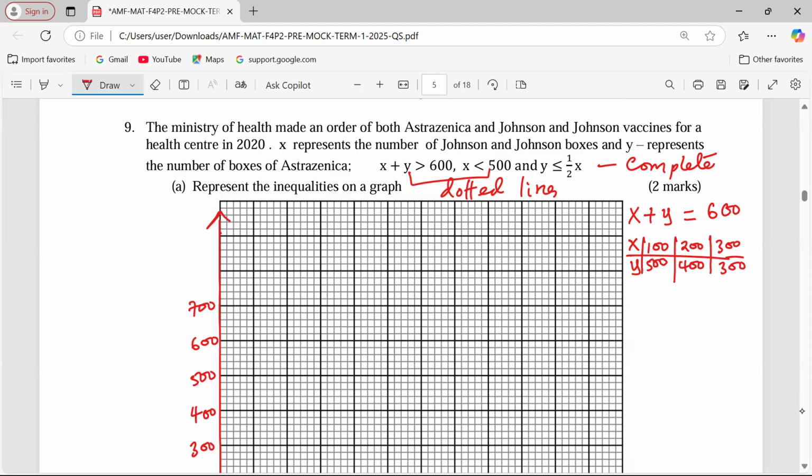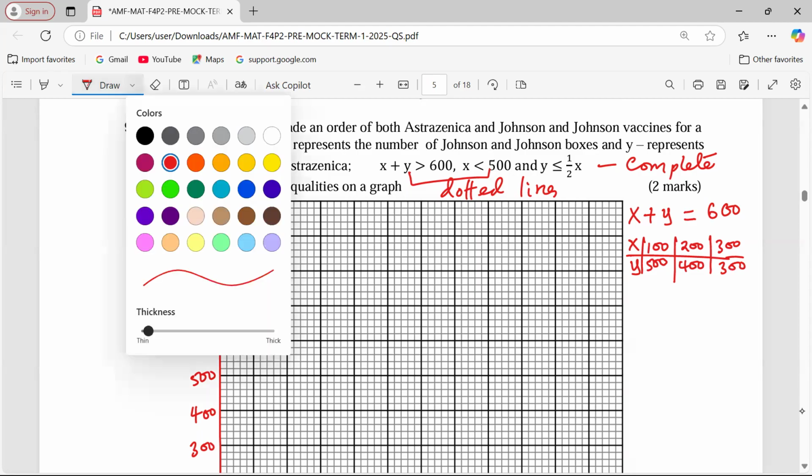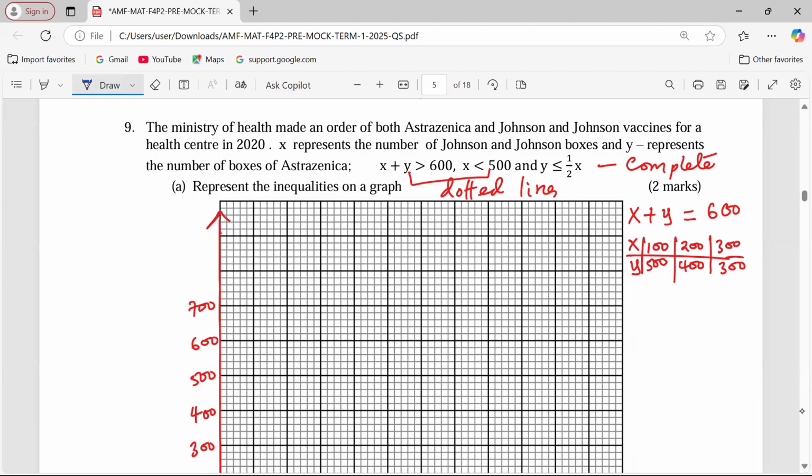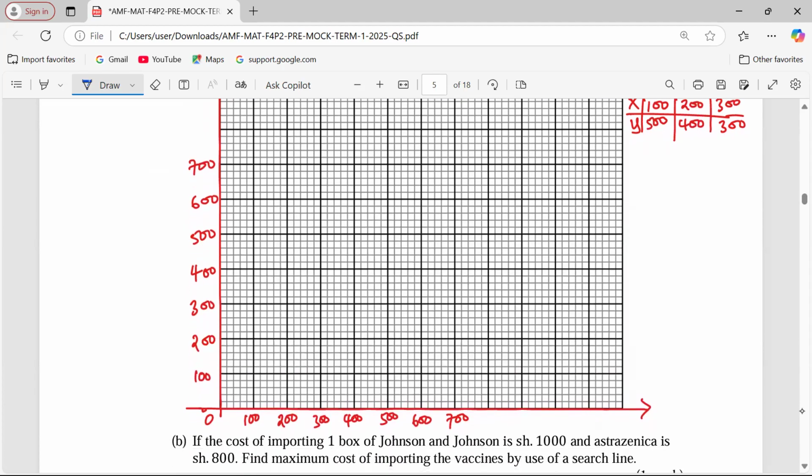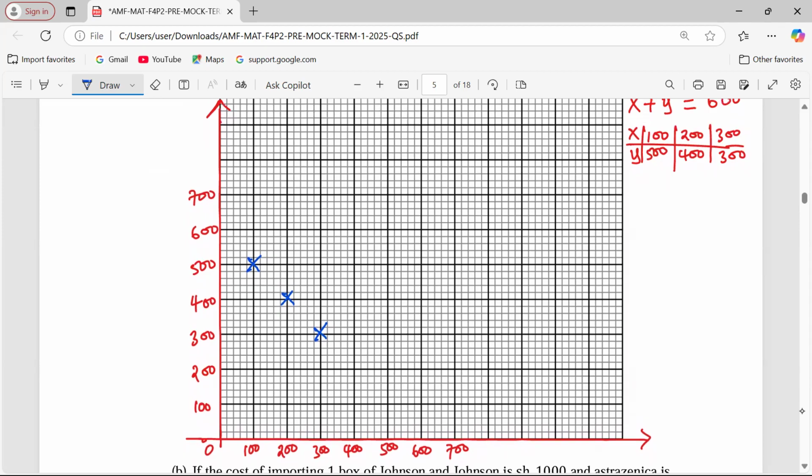We just fill a table like the normal graphs of straight lines. Therefore, 100, 500 will be this coordinate. Then 200, 400 will be this one. Then we can also talk about 300, 300, which is going to be here. Those are enough coordinates already.